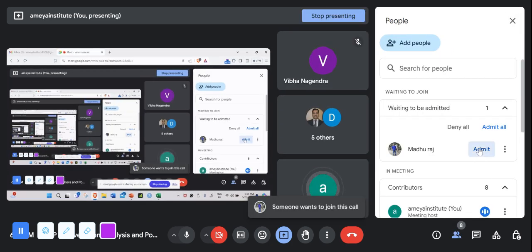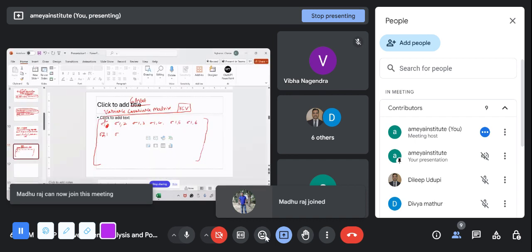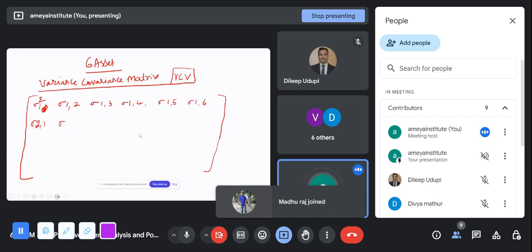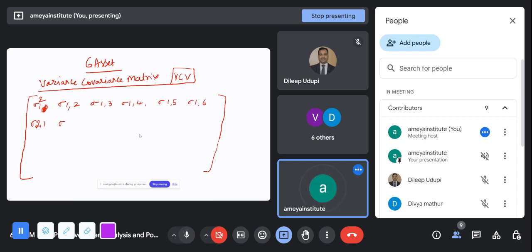Since 2 comma 2 means 2 two times, can I write the standard deviation of 2 square here? Yes. Next comes 2 comma 3, then 2 comma 4, the second asset with the fifth asset, and 2 comma 6. Correct?